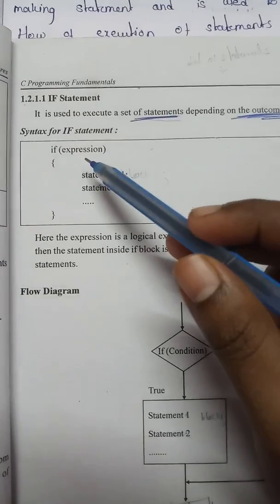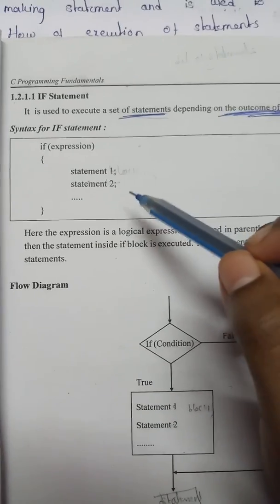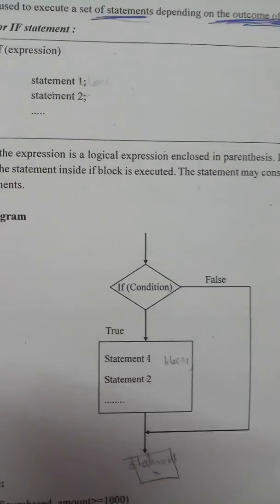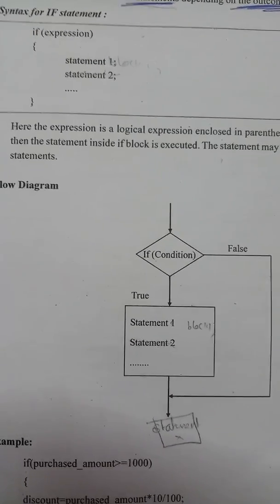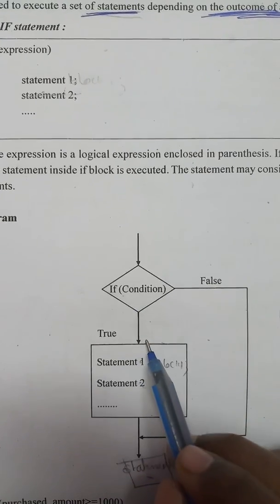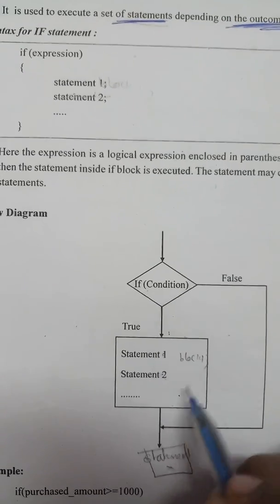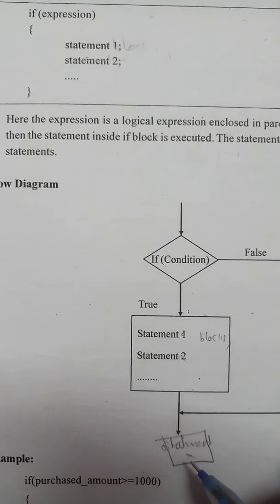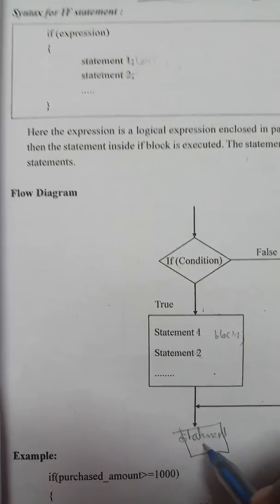Here the syntax is if (expression), statement 1, statement 2. Here you can see the flow chart. If the condition is true, the statements will execute, or else if it is false, it will directly go to the statement X.